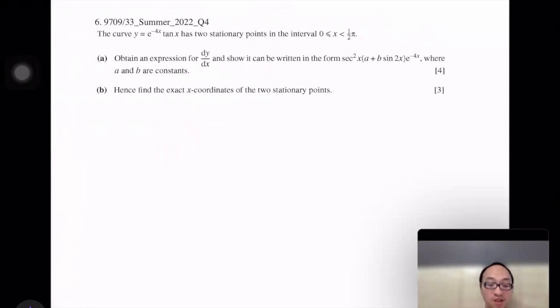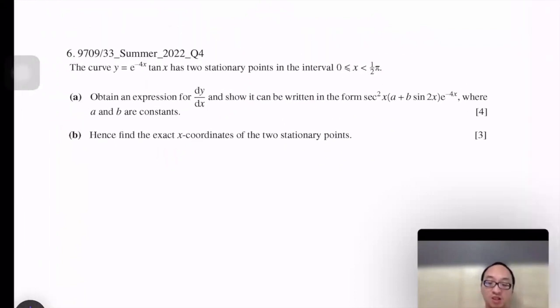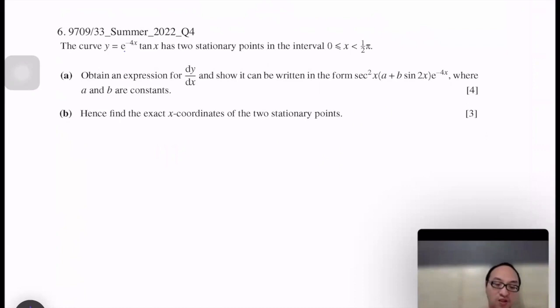Obtain an expression for dy/dx and show it can be written in the form where a and b are constants. Okay, to derive this, we will use the product rule. u is e^-4x, u prime is -4 e^-4x. v is tangent x, v prime is secant square x.